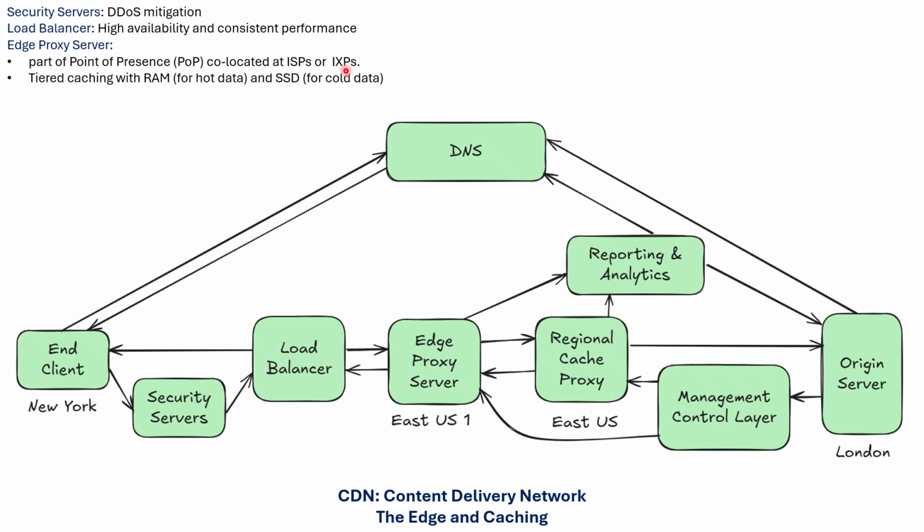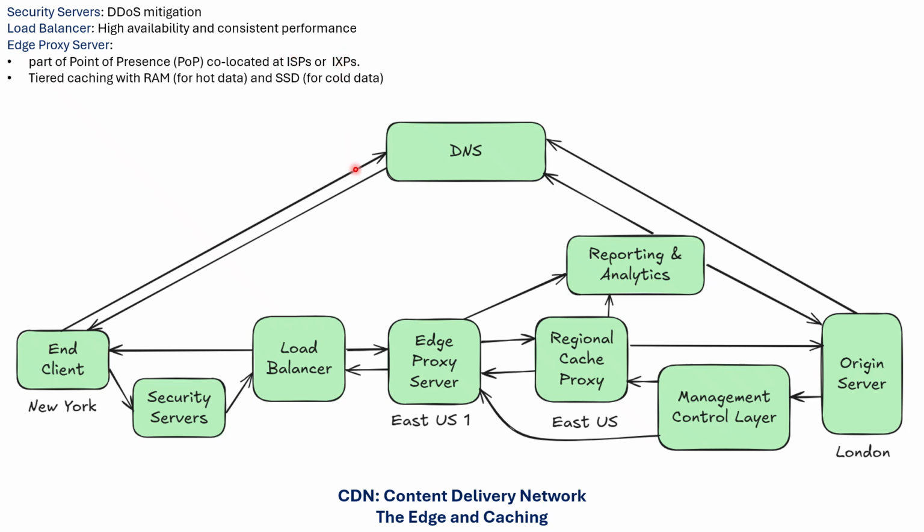This is key because it minimizes the number of network hops and the physical distance data has to travel. So to recap, this edge proxy server is basically a part of a point of presence, which is co-located either at ISPs or at IXPs.